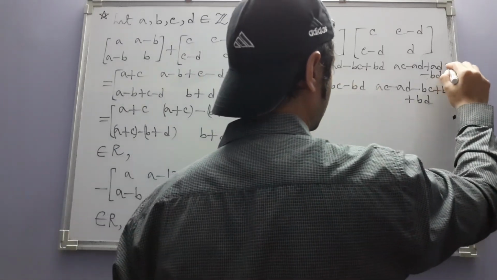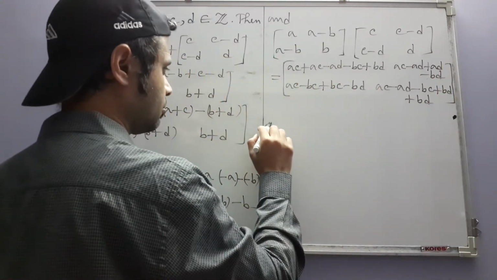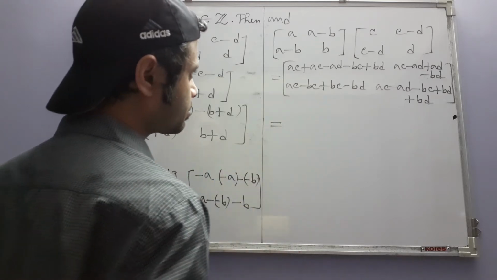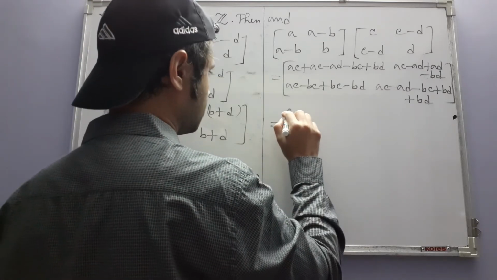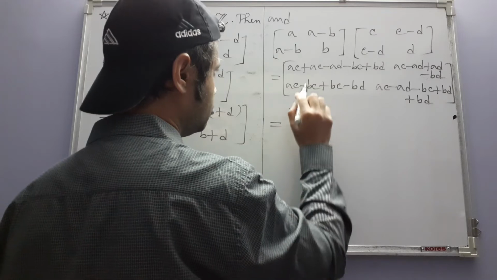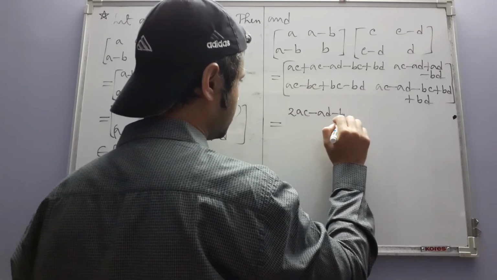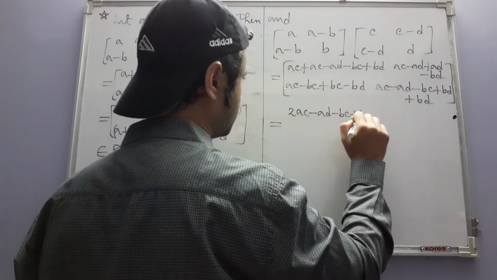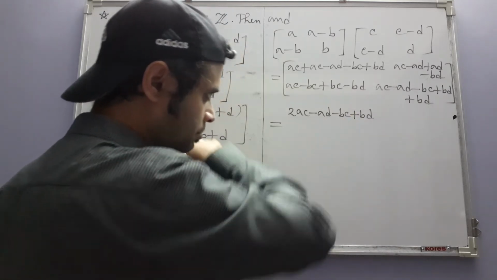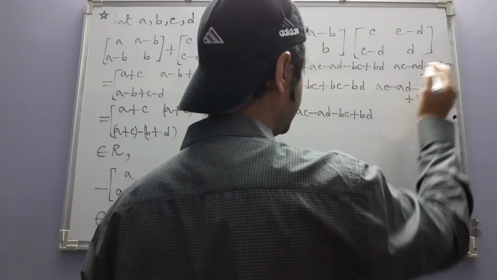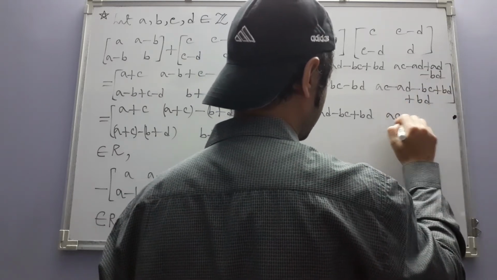Okay, now this becomes what? 2AC minus AD minus BC plus BD. AD and minus AD cancel out.